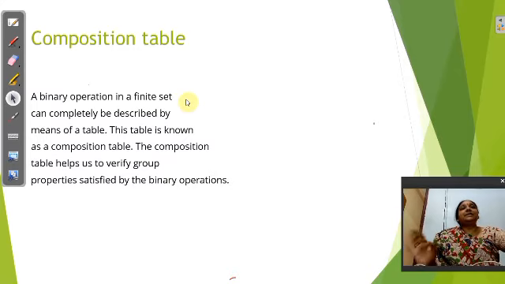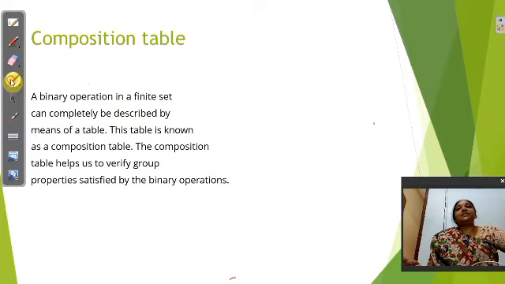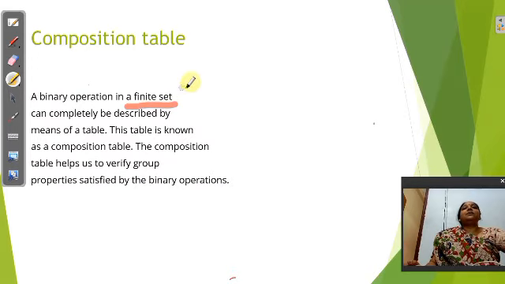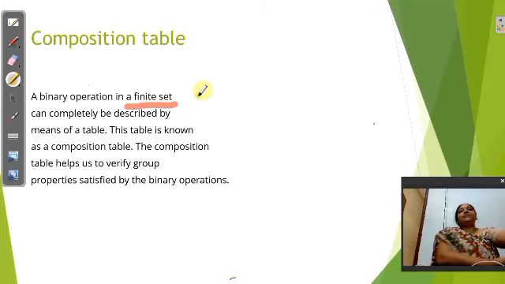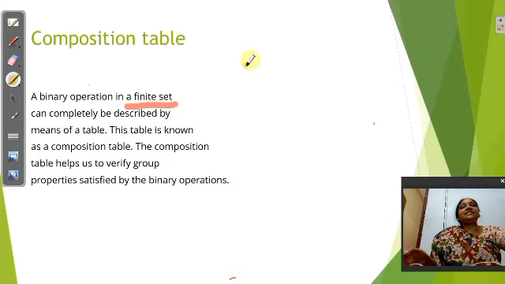It is applicable only on finite sets. We use it to check whether the given finite set is a group under the given binary operation.